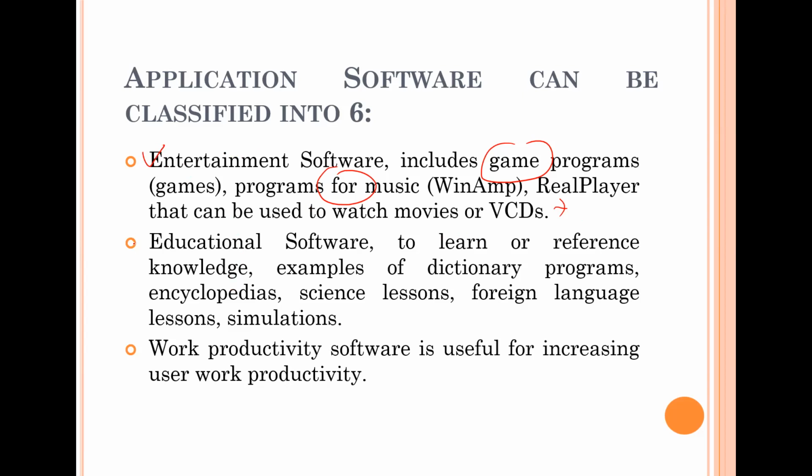And then the second one is educational software. Here is the software that we use for educational purposes, such as encyclopedias, dictionaries, lessons, learning management systems, or anything that might help for study.